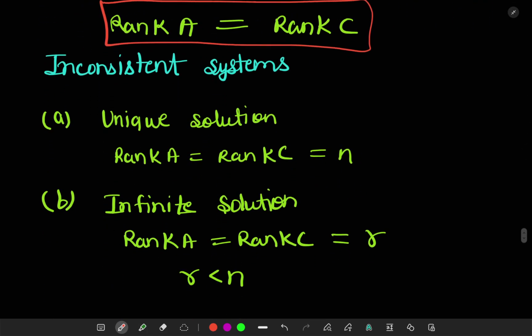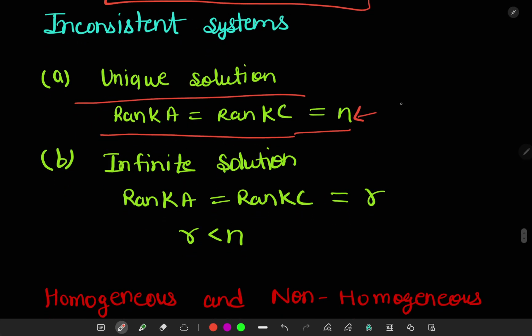Inconsistent system. For a unique solution, rank of A equal to rank of C equal to order n. This is the order of the matrix.